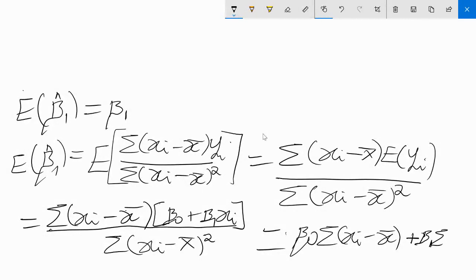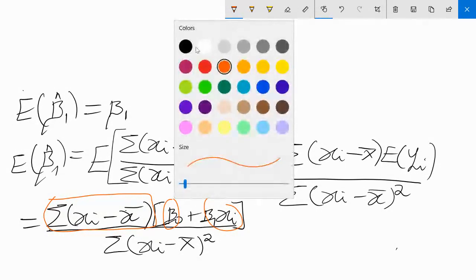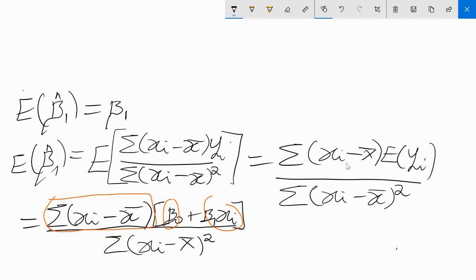Then we have the summation of, it won't fit, so let me take it up there. What I'm doing here is multiplying this term with these two.